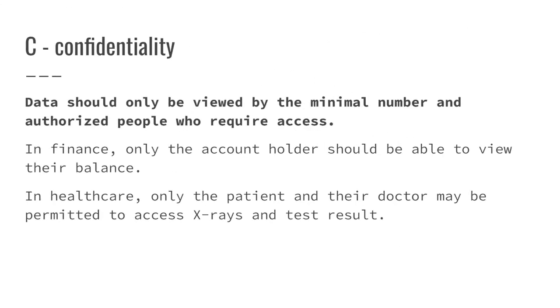The C meant confidentiality: data should only be viewed by the minimal number of authorized people who have required access. In financial matters, only the account holder should be able to view their balance. Nobody else in the bank should be able to look into any person's account just out of curiosity to see how much money people have. In healthcare, only the patient and the healthcare provider, the doctor taking care of you at that time, should have permission to see your x-rays or your test results.